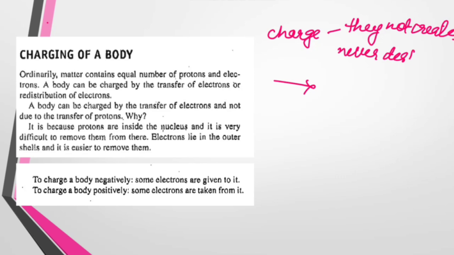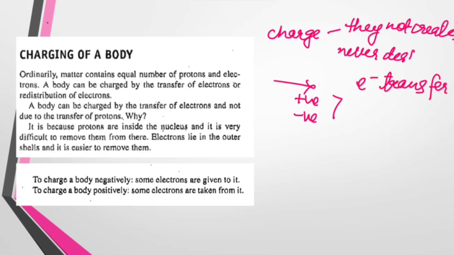Just now we have shown this. Any ordinary matter or body is usually neutral because the number of protons and electrons is the same. But when the body becomes charged, positive or negative, actually the charges are redistributed, or I can say electrons are transferred.